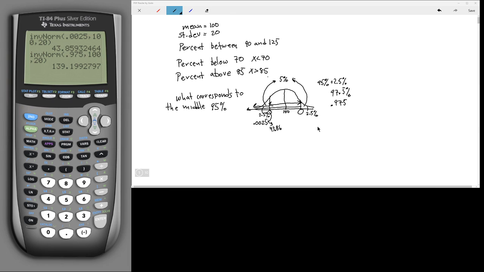And I get the other side of this, which, if I round this to two places, is going to be 139.20. All right, I think that covers everything that we talked about.